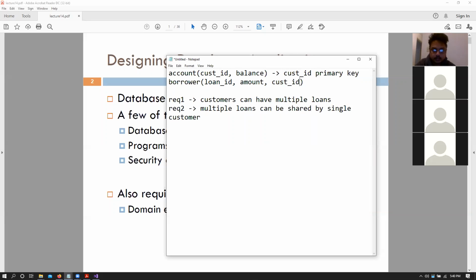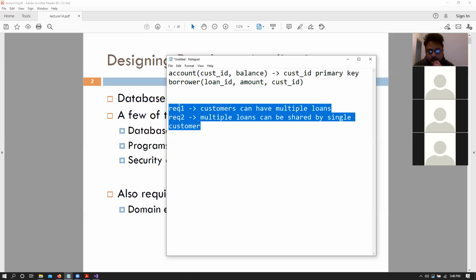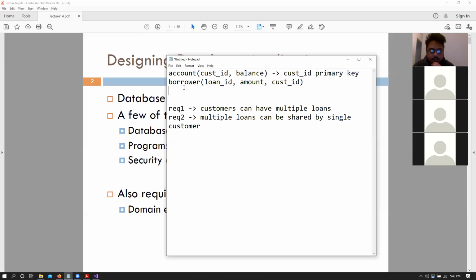Given these requirements, can you tell me what would be the primary keys of my borrower table such that I can allow these two requirements? Is that question clear? Would loan ID be my primary key?